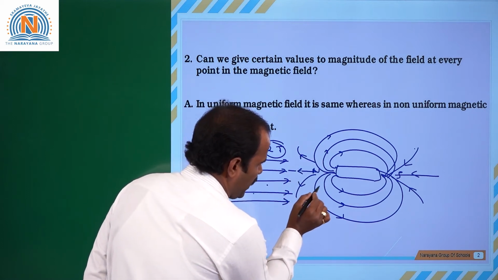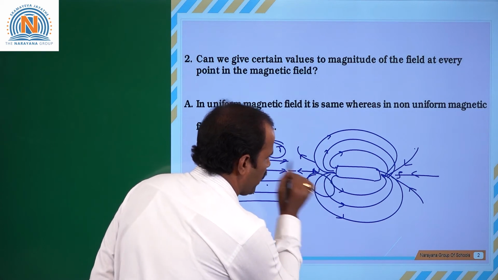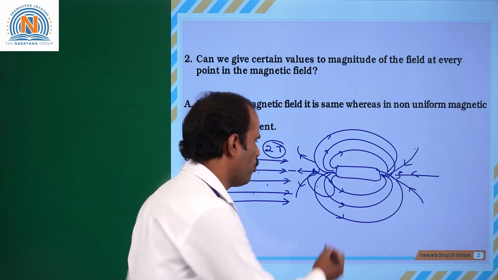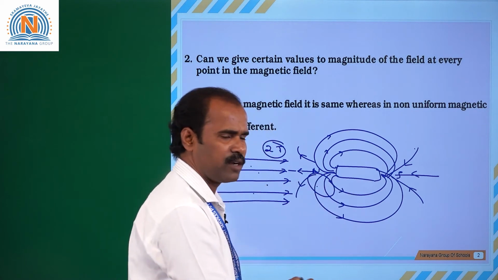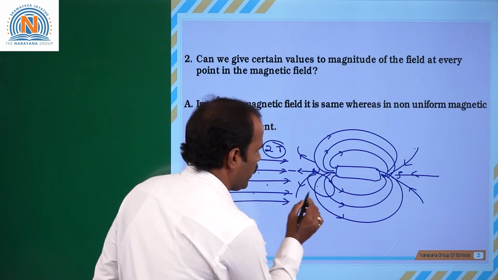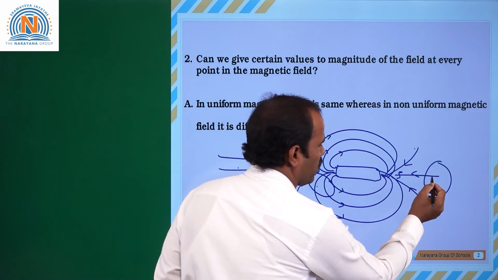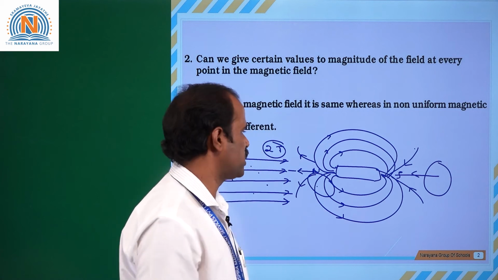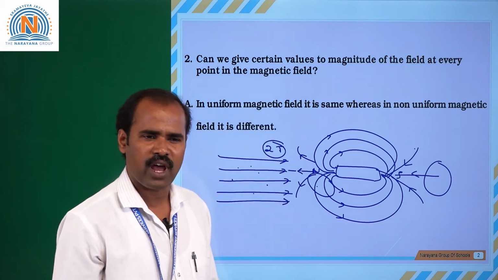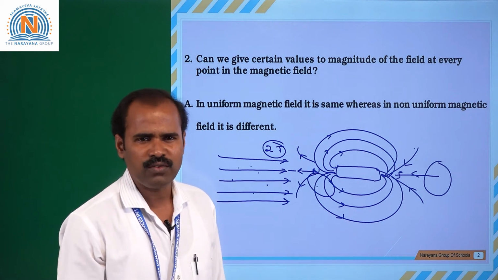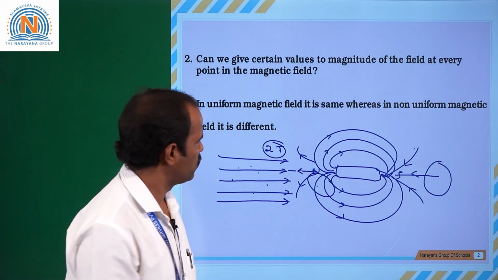If I take a point here, a small area, then how many field lines are passing through that gives its strength. If I take a point here, then only one or two field lines are passing through. That means the strength varies. So for a non-uniform magnetic field, we are unable to fix a particular value of magnetic field strength. Okay.